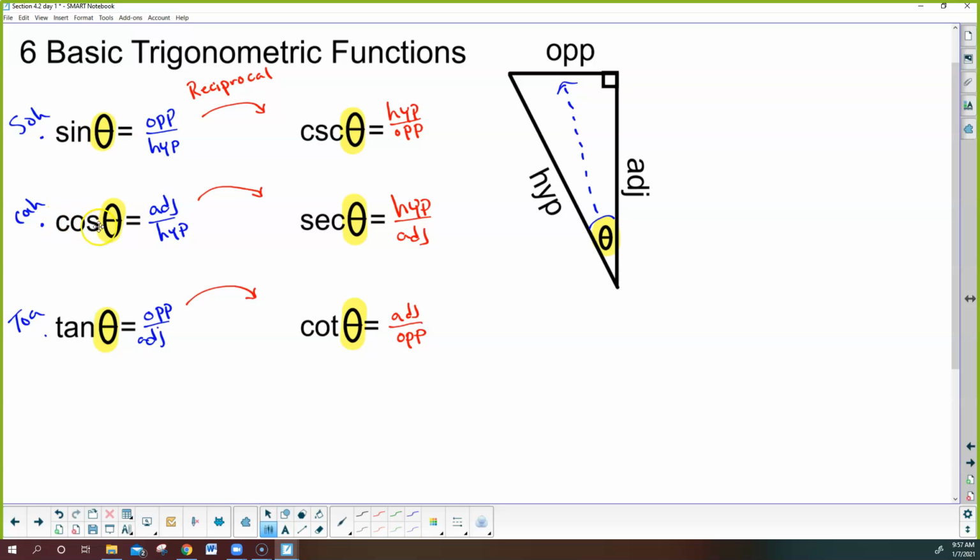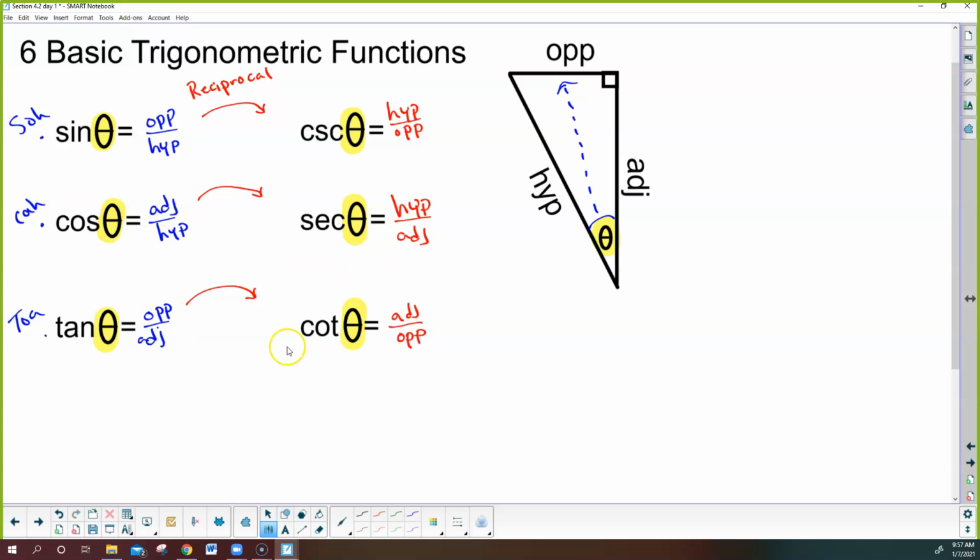If I have cosine, C-O-S, and what if I spell that backwards? S-O-C, it spells sock. Well, sock kind of looks like secant, S-E-C. So that's a quick way that I just remember that secant matches with cosine, and that leaves cosecant to match with sine.